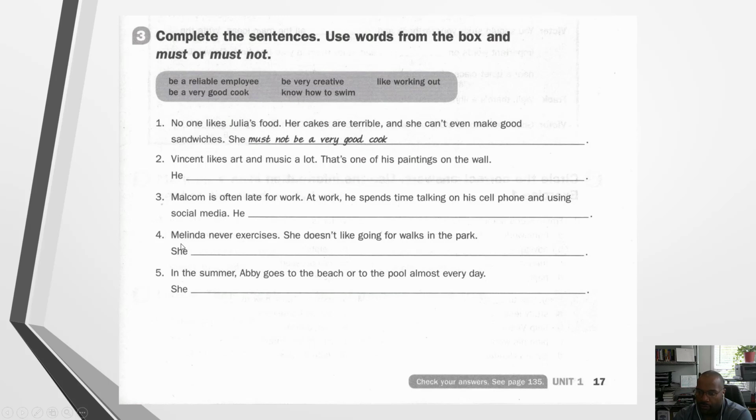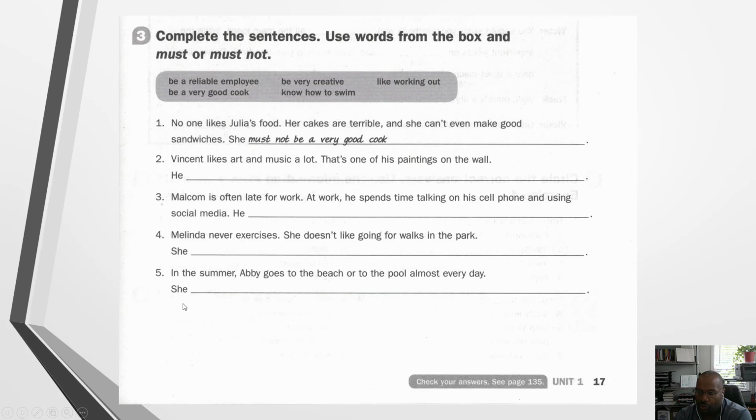Number 4. This is what we know. Melinda never exercises. She doesn't like going for walks in the park. So my logical conclusion was, she must not like working out. Number 5. In the summer, Abby goes to the beach or to the pool almost every day.